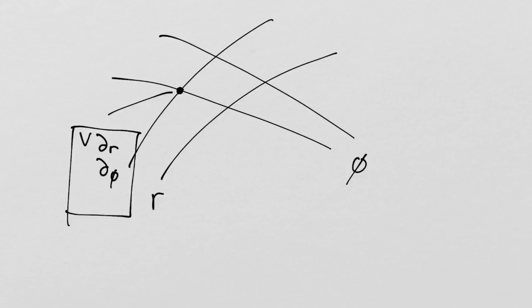Well, what I'm now going to do is I'm going to say, no, I'm going to change to new basis vectors. I'm going to call it ER. I'm going to leave that as partial r. So it's going to be partial r plus 0 times partial phi, right? It's a vector field. It's just got none of this component. It's trivially related to the coordinate vector field.